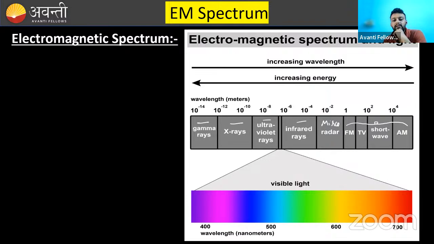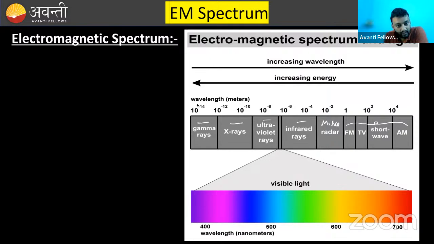Clear? Out of which they will give you 3, 4 options, and they will ask you the order of their wavelength, which is the highest wavelength, which is the lowest wavelength. So radio waves have the highest wavelength, gamma rays have the lowest wavelength.